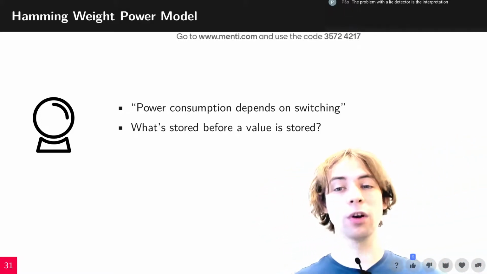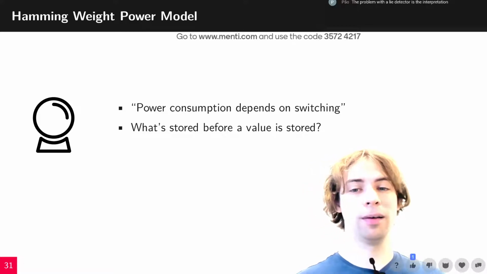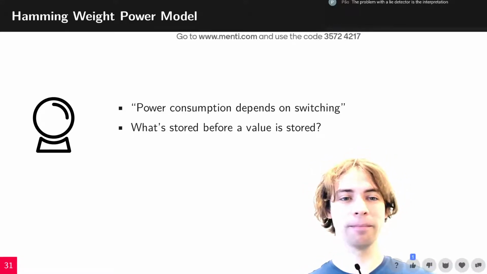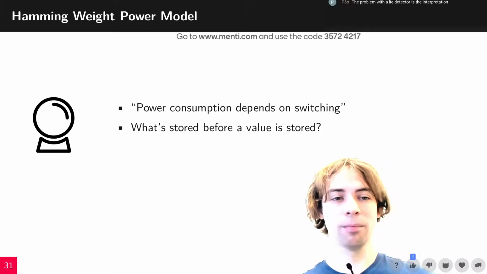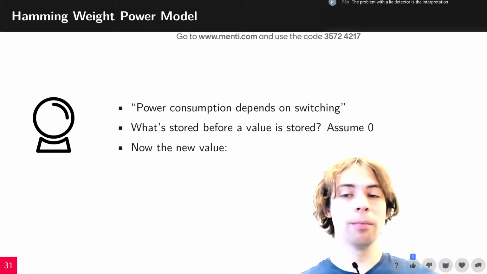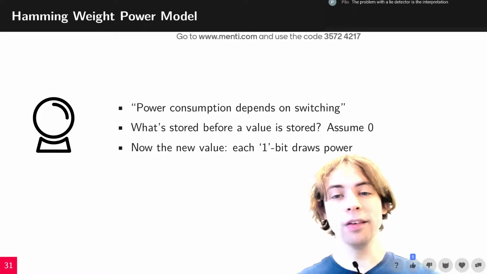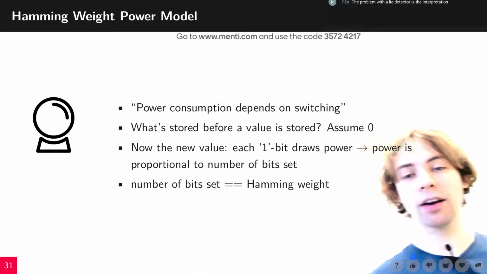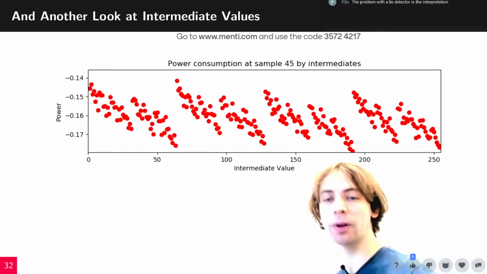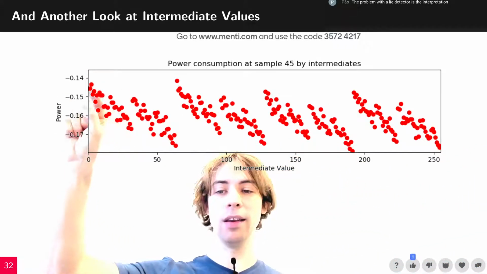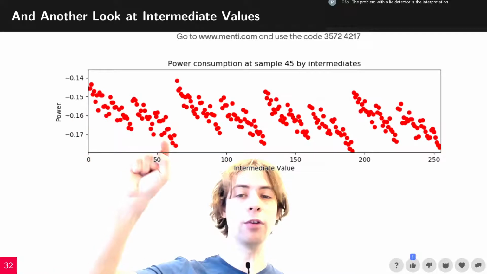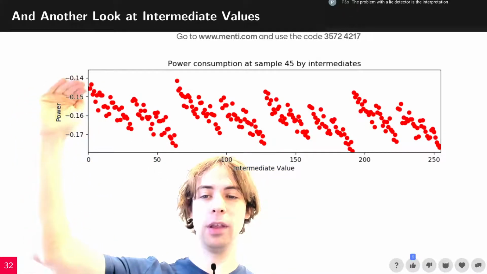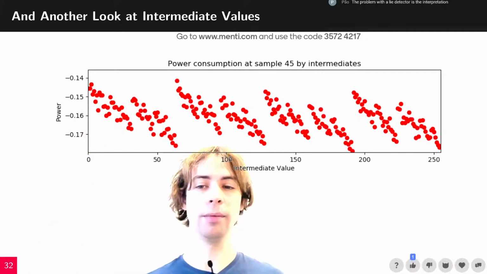So what data was stored before we store a value there? Maybe a 0, but the new value, each one bit that we write there now draws power, and that gives us directly the Hamming weight, and that is exactly what we see here. So with the Hamming weight, the more bits have to change, the more power is drawn here.